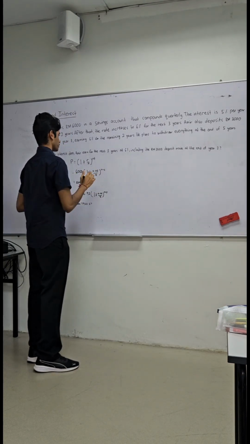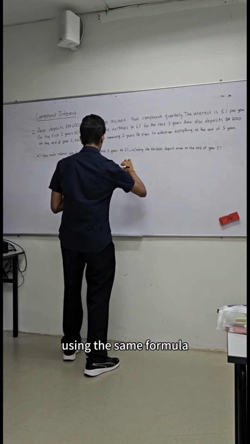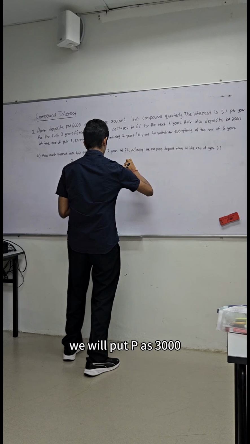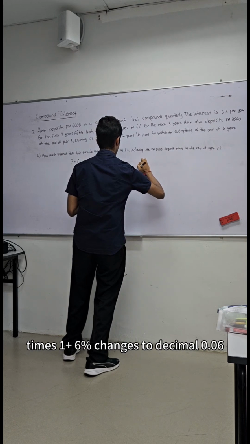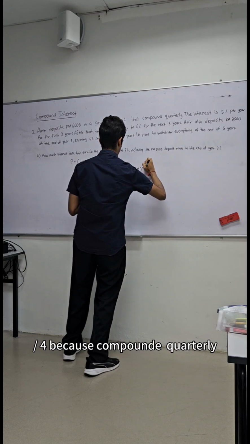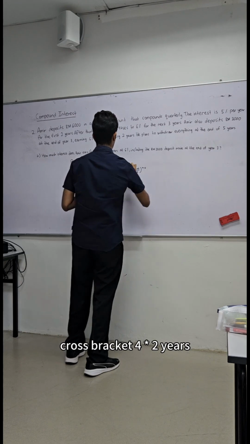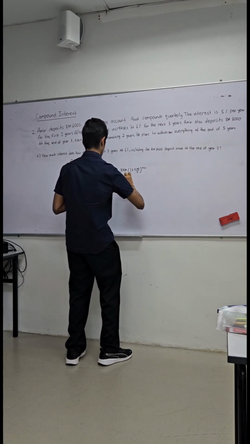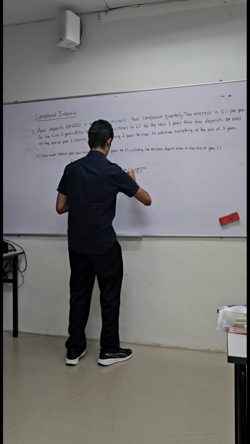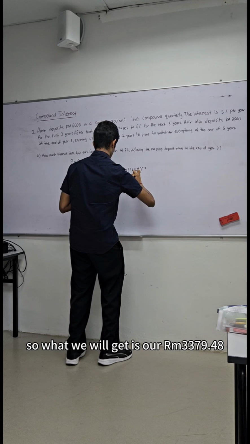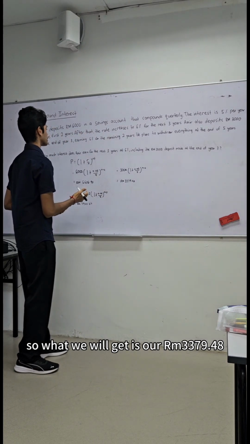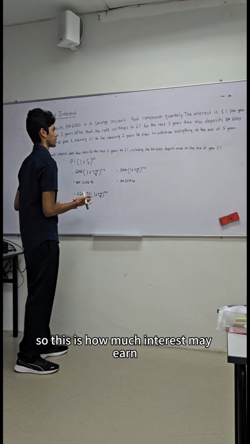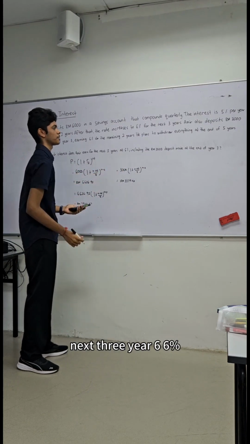So using the same formula, we will put P as 3000 times 1 plus 6%, change it to decimal, 0.06 divided by 4 because compounded quarterly, close bracket, 4 times 2 years. So what we will get is RM3,379 ringgit 0.48 cents. So this is how much interest Ame earns for the next 3 years at 6%, including the RM3,000 deposit.